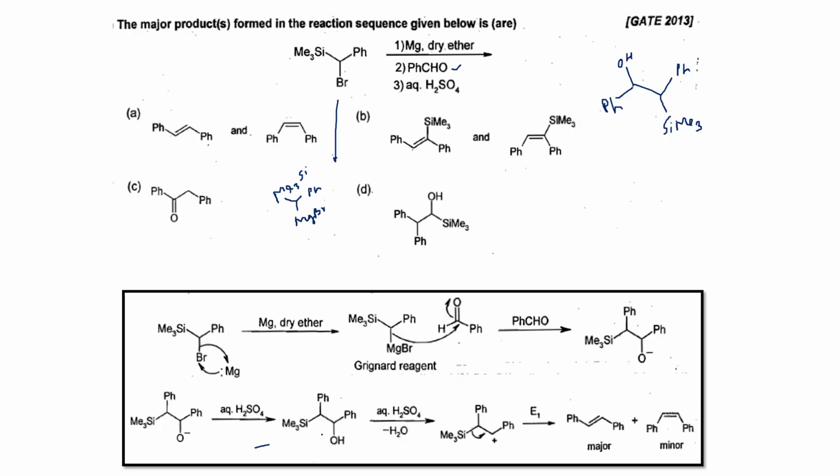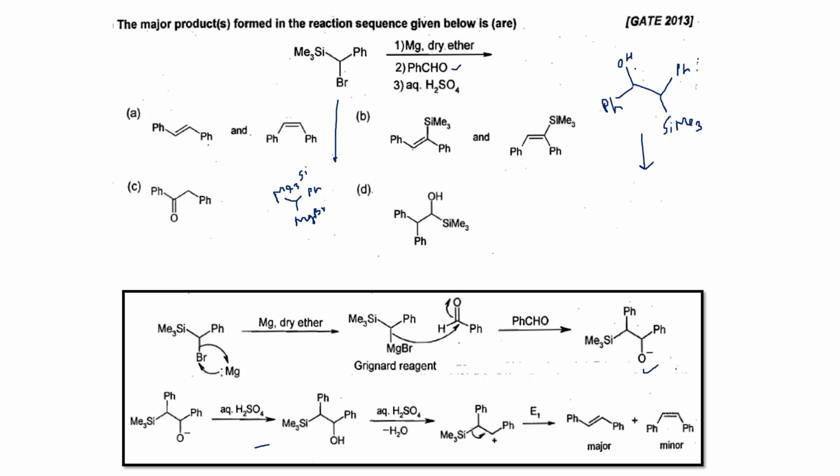So after addition of this one, we'll get this, but the OH and SiMe3 should be trans to each other. Because of that, they are stored like this.